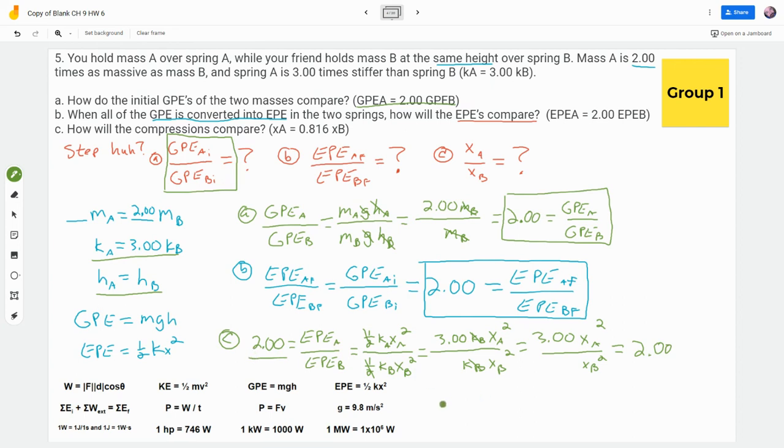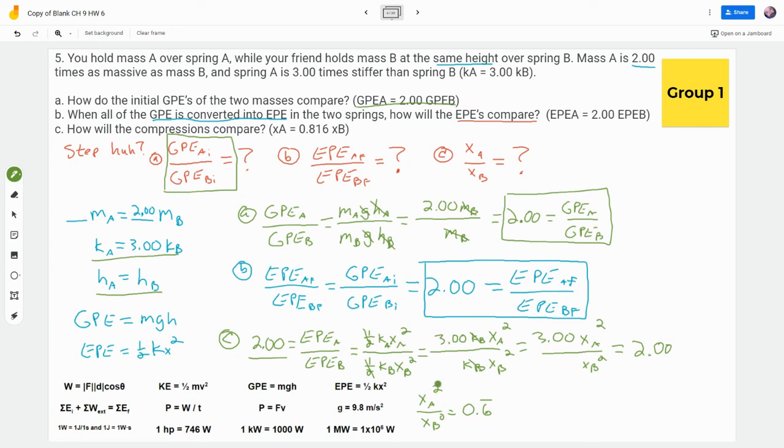So what that really means is X sub A squared over X sub B squared is equal to 2.00 over 3.00. So it's 2/3. So 0.6 bar. Do you see what I did there? I just divided both sides by 3.